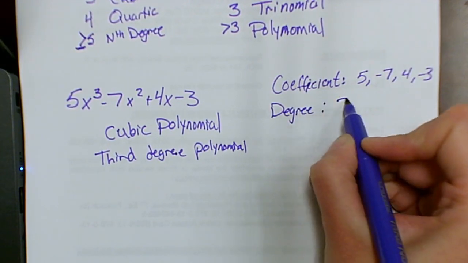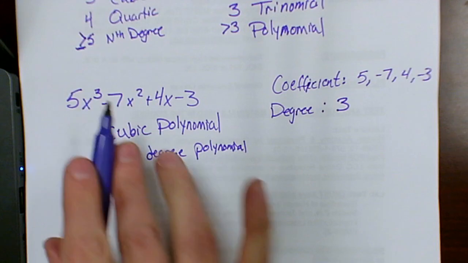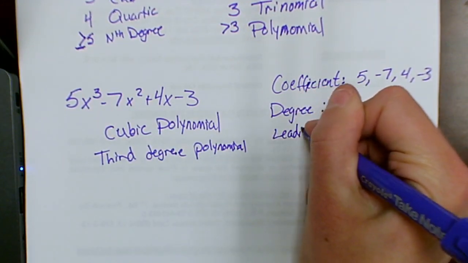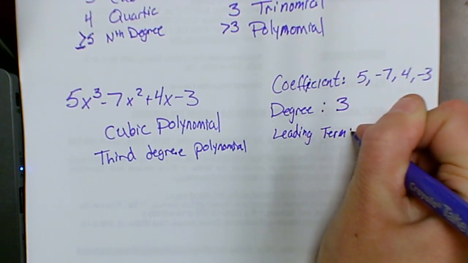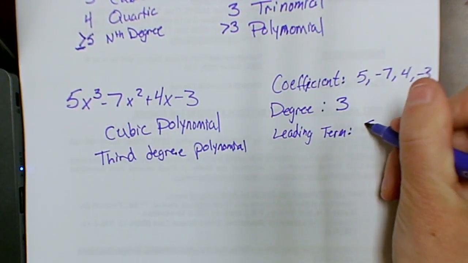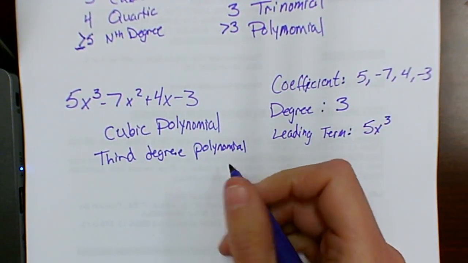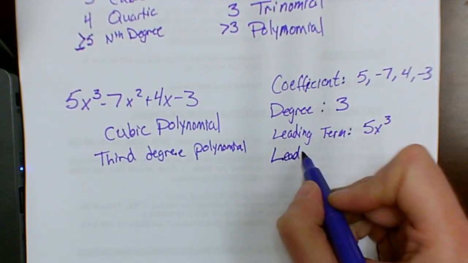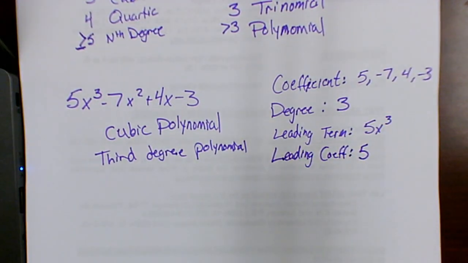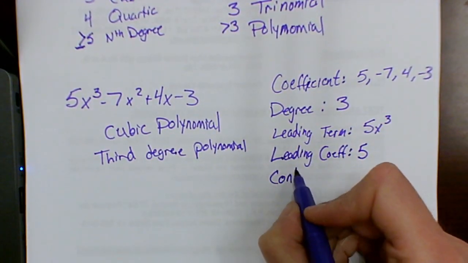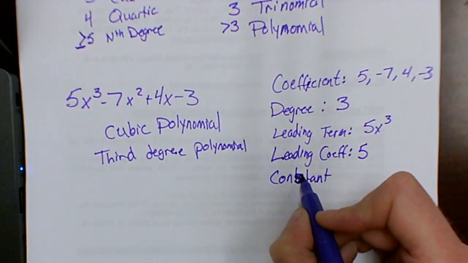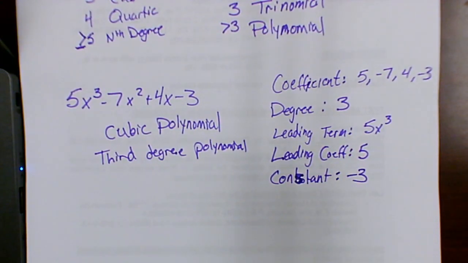And then the degree of the polynomial we said is 3, the largest exponent. Then we have the leading term. The leading term is the one with the highest degree, that's 5x to the third. Leading coefficient, that will be the 5. And then the constant is that -3.